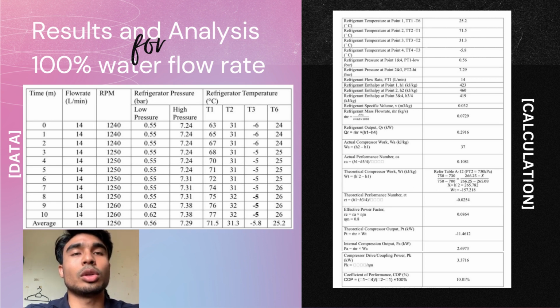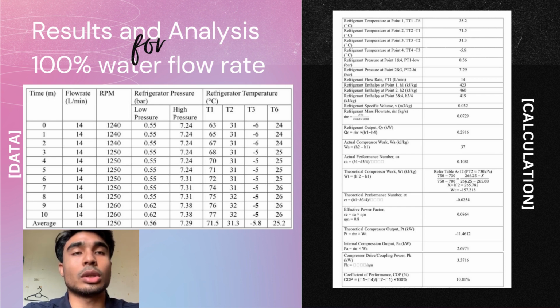Then for H2, we use point 2 and pressure at PT2 to get our reading for enthalpy 1 and enthalpy 2. Then it goes to the below. It's all the same as the 50%.